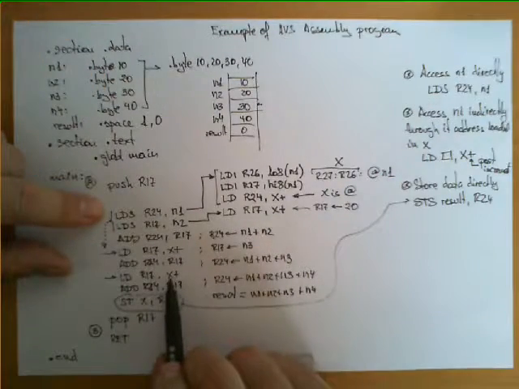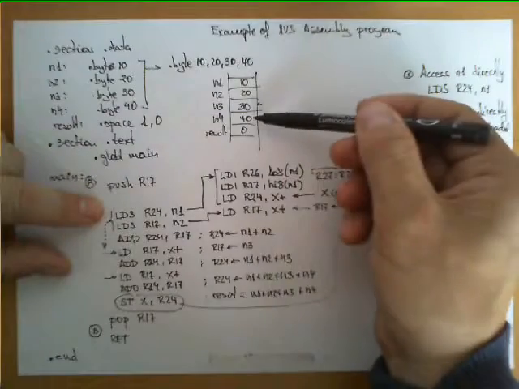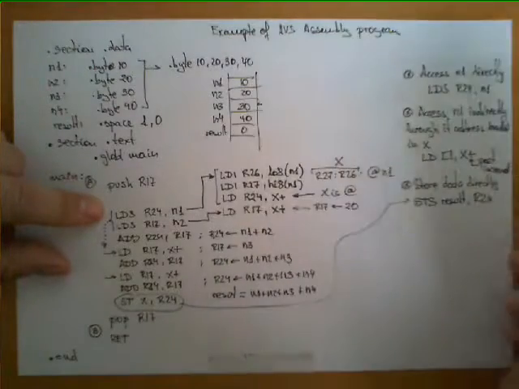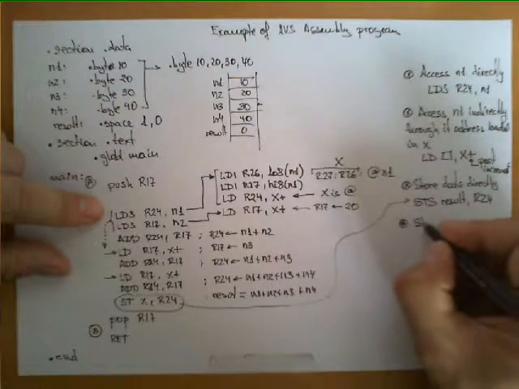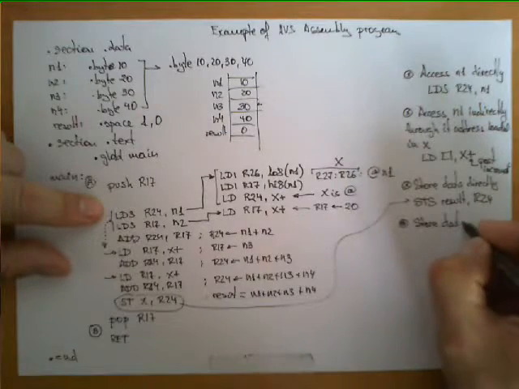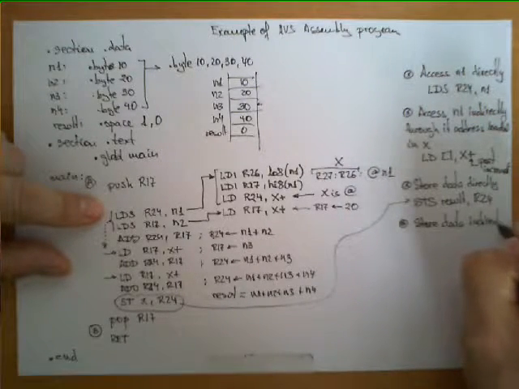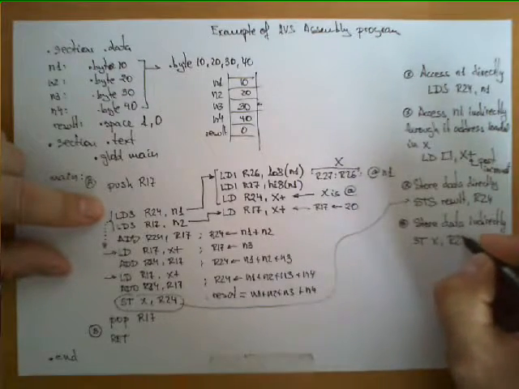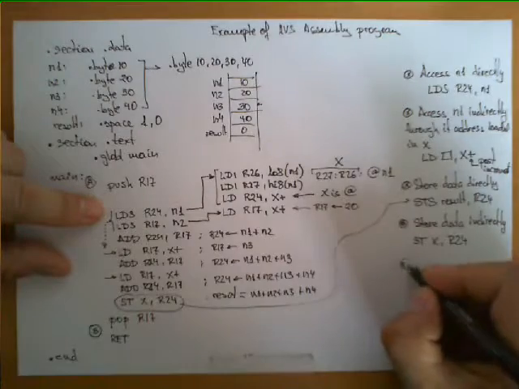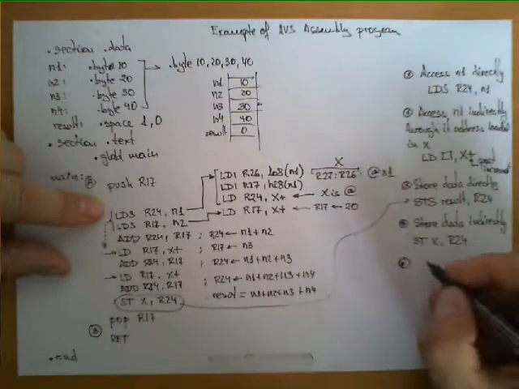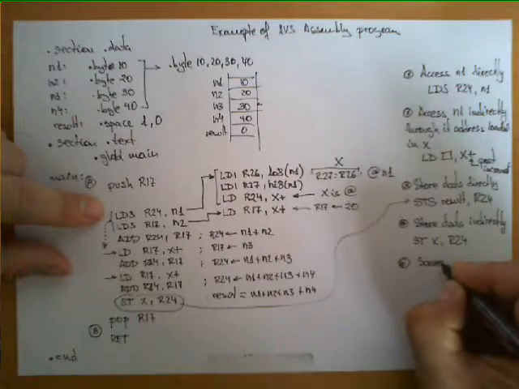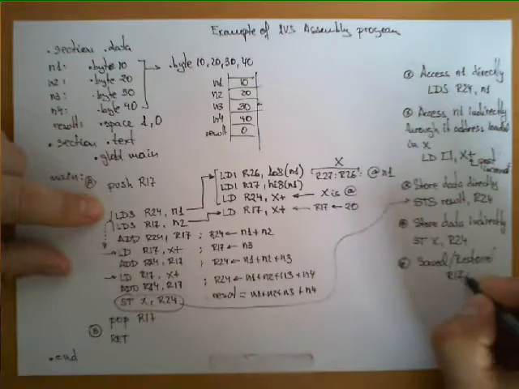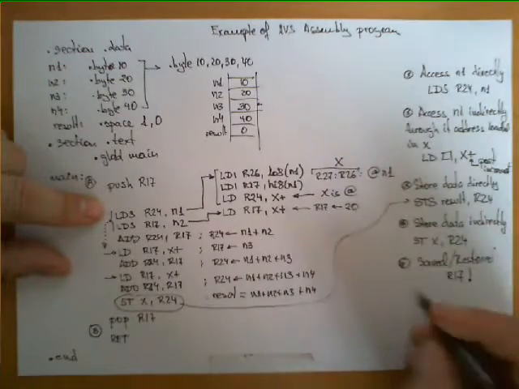However, since we already had register X that has been used to access this position, and then it was post incremented, register X at this point was already pointing there, therefore we can also store data indirectly, and this is the instruction STX R24. Finally, the other two aspects that we observe here is that we saved and restored R17, very important because it's one of the registers that we need to observe that rule.